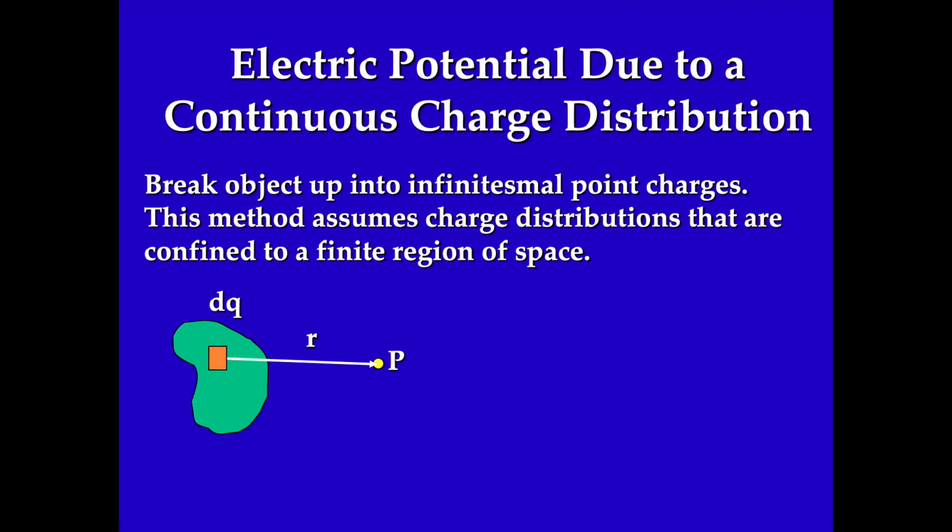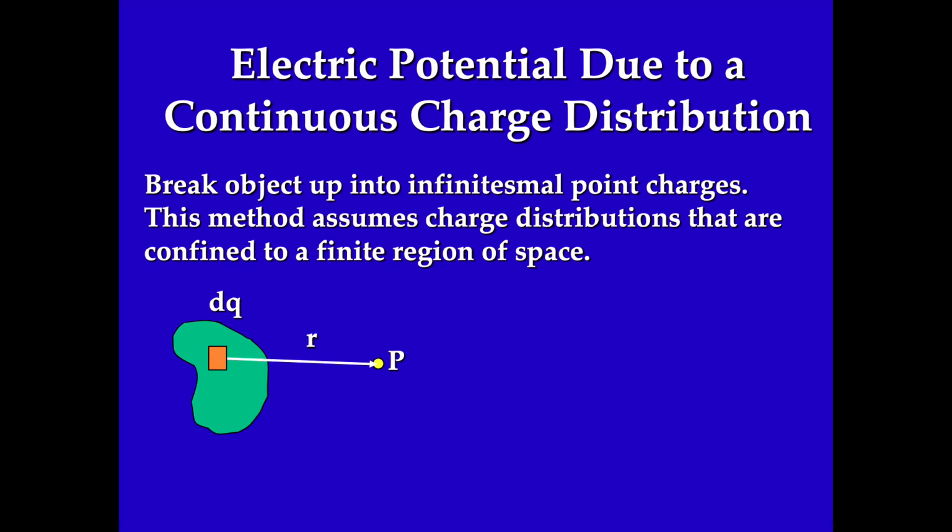Which means that in general, I have to set up an integral. Point charges are already small enough so that the V is the same over the entire point charge.